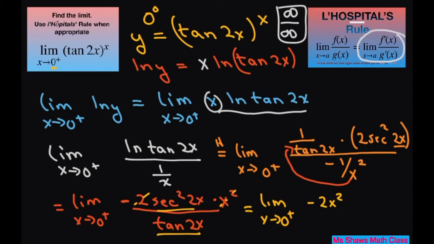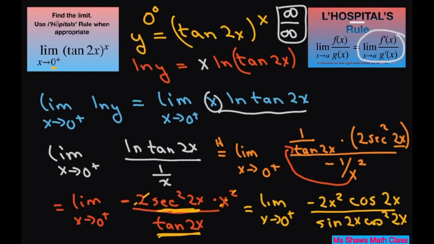We know that tan is sine over cosine, and we know secant is 1 over cosine. So what we're going to get is cosine of 2x divided by sine of 2x times cosine squared of 2x. And that's just simplifying my trig functions.